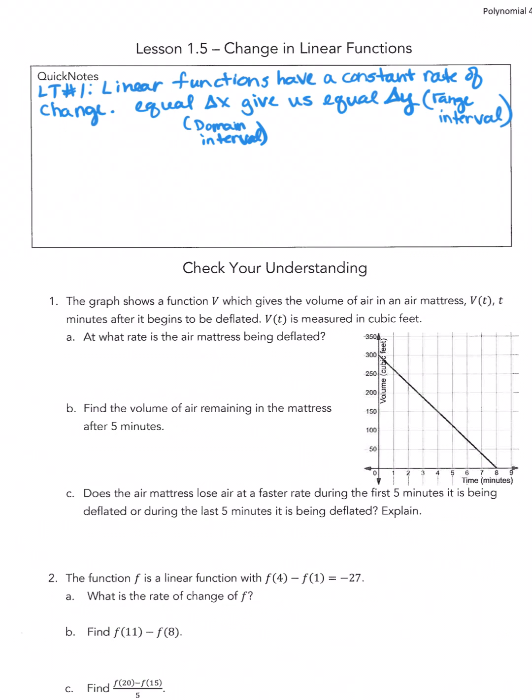All right. So what's learning target 2? If the rate of change is constant, then the second difference must be 0.